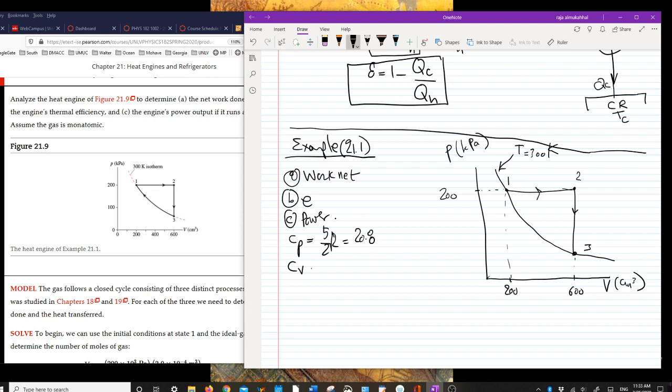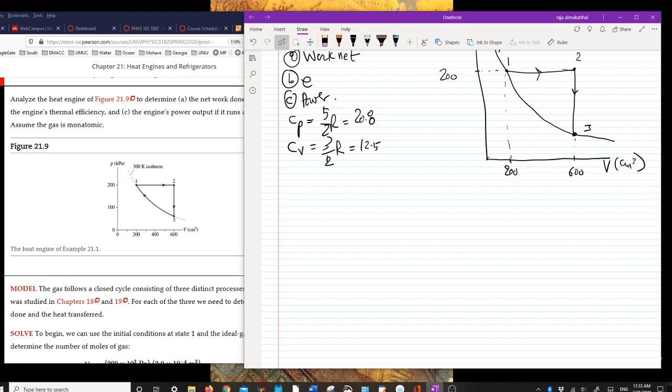And C sub V, at constant volume, is 3/2 R, which is equal to, I have it in my notes here, 12.5. Whatever the units are.